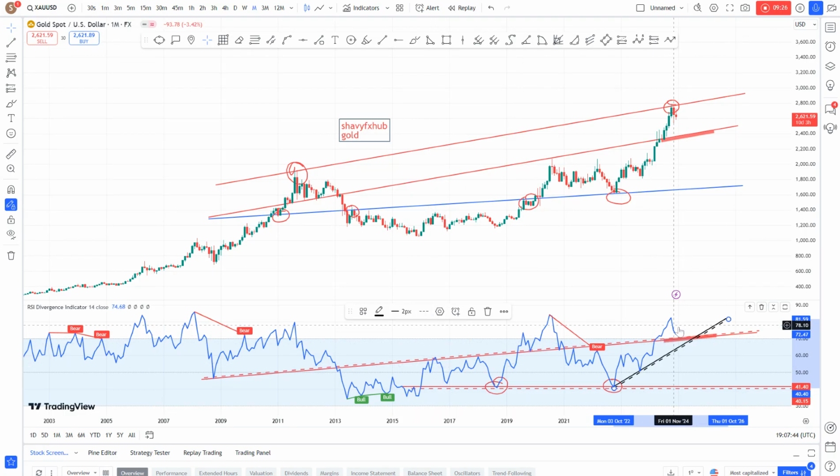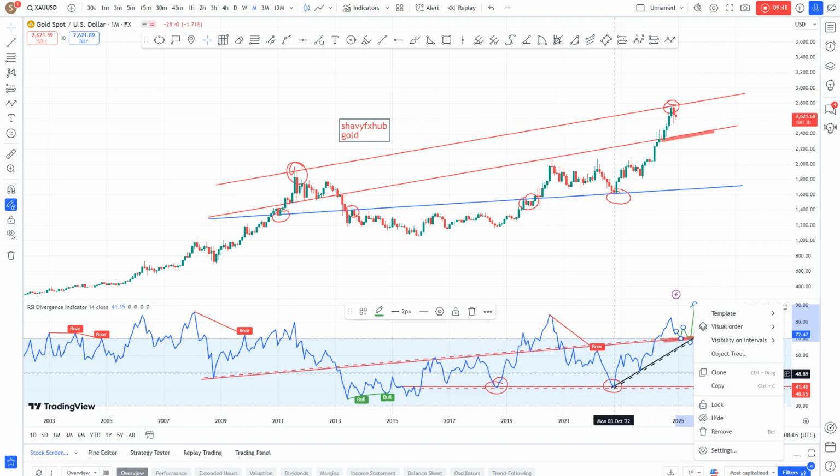What this means technically is that price will come to this level, respect it, and ultimately dip into here and retrace back. We want to see price come into this level, show some respect, then ultimately come down here and then move its way up again. So gold is still in a very much bullish phase.